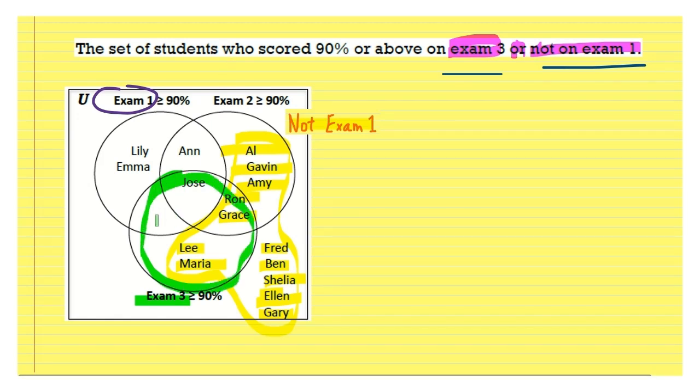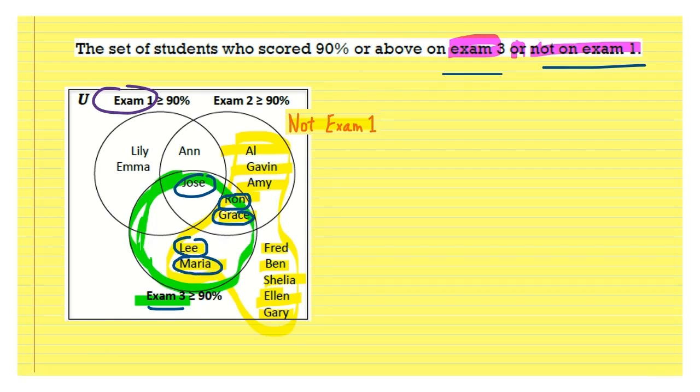Well, see, that's the reason why I wanted to take those marks out of those names, because Jose is actually in exam 3. He's part of making a good grade on exam 3. So Jose and Ron and Grace and Lee and Maria, those are all part of exam 3.